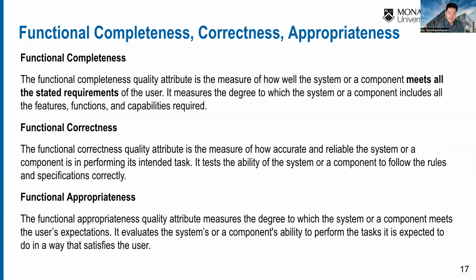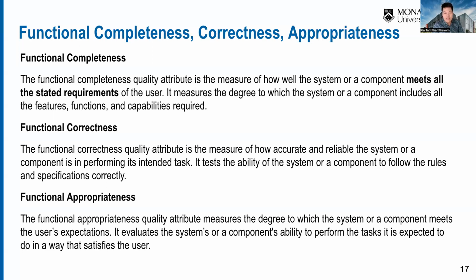These are very confusing: functional completeness, correctness, and appropriateness. Basically, what do they mean? Functional completeness is about the measure of how well the system or a component meets all of the stated requirements. Let's say the system has 10 requirements, and we develop 10 functions to meet the requirements. That's functional completeness, but it does not mean that each function is correct.